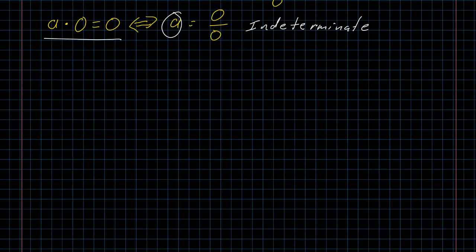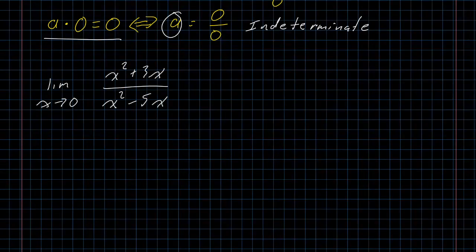So for example, the limit as x approaches 0 of (x^2 + 3x)/(x^2 - 5x). If you try plugging in x equals 0, you get 0 over 0.